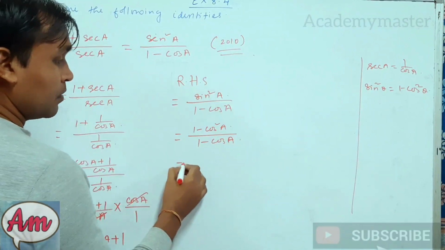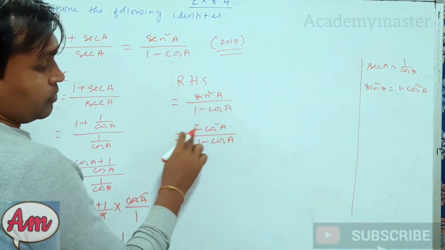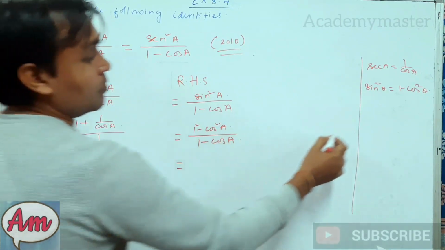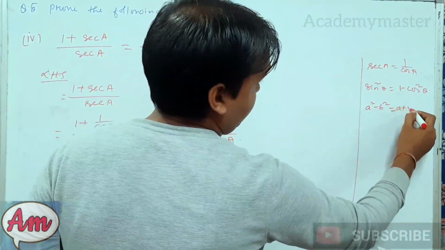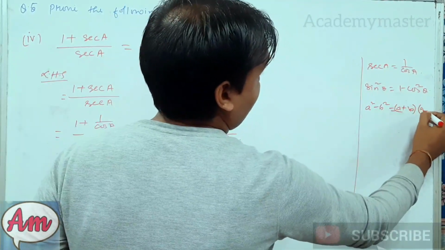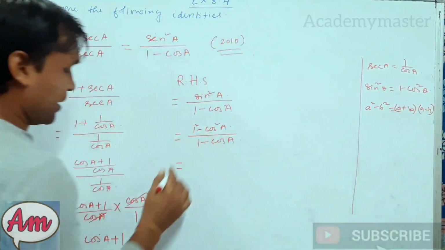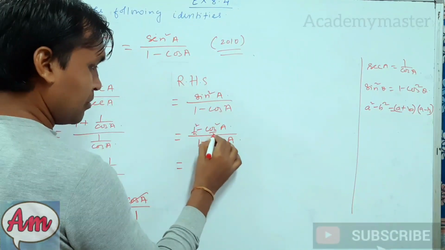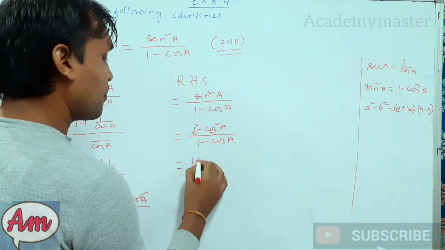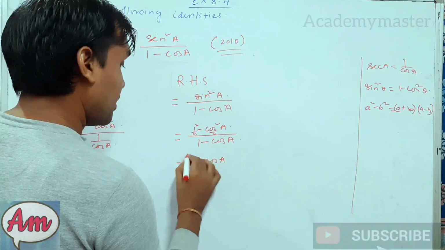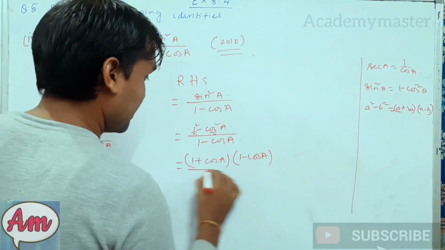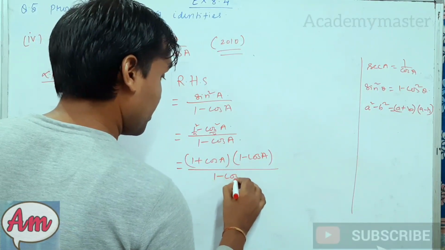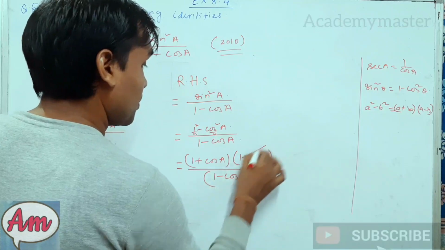Okay, so this one if I consider 1 as 1 square, 1 square minus cos square, so it becomes the formula A square minus B square, which is A plus B into A minus B. So we'll write that our A will be this, our B will be this. So 1 plus cos A into 1 minus cos A divided by 1 minus cos A. So cancel.